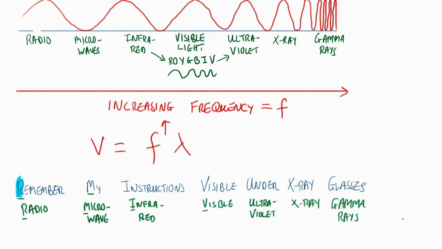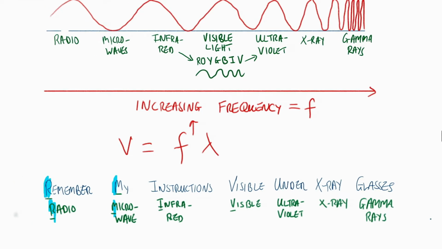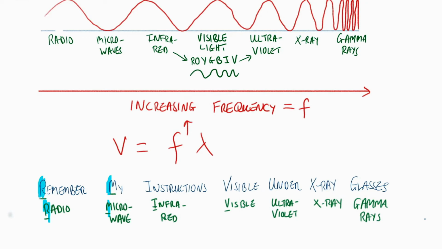So R, remember, and radio, M, microwave, and so on. So pause the video until you've completed that. You can use that mnemonic there or come up with your very own. Pause now. When you've completed that, press play.